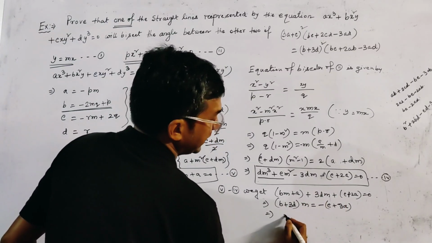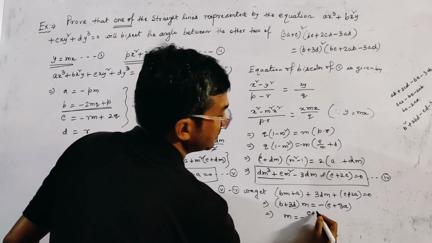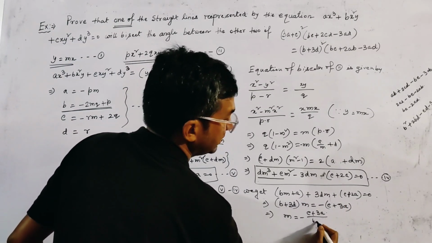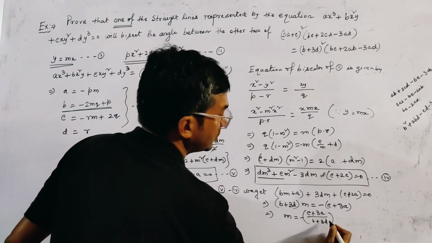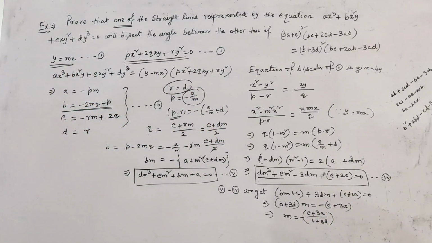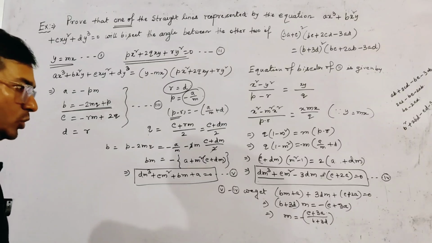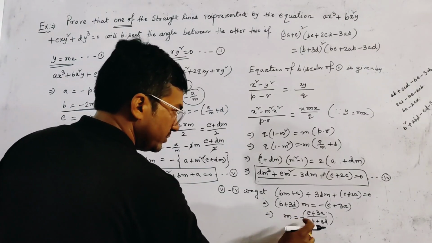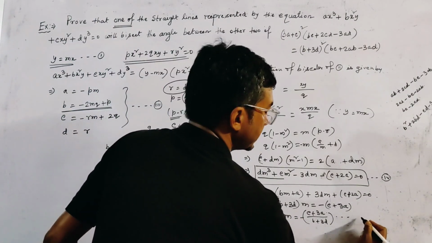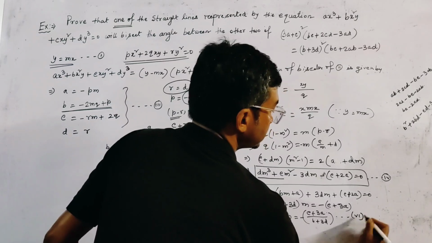That is, m is equal to minus c plus 3a by b plus 3d. Okay, we get the value of m. We name this relation number 6.